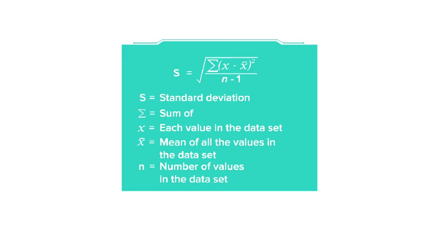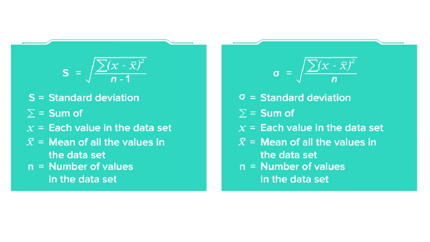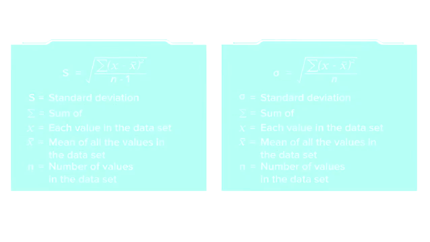And in the latter, using Numpy library, the formula is sigma equal to under root sigma x minus x bar whole square divided by n. As you may see in the first formula, the denominator is n minus 1, while in the latter it is n, which results in a lower value.